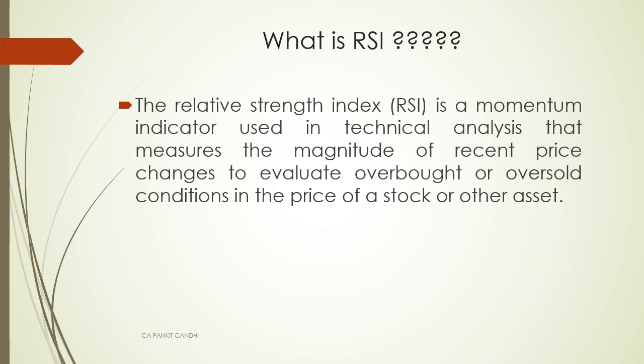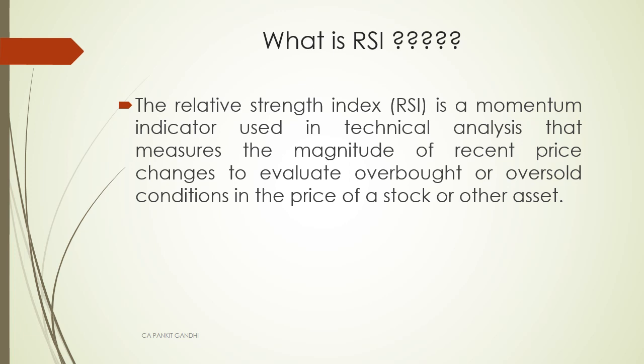Firstly, it's an indicator. An indicator is used as a support for your prediction of the market or a stock. So it's a momentum indicator. Momentum indicator means it shows where the move can lead. It may or may not, but can be useful.